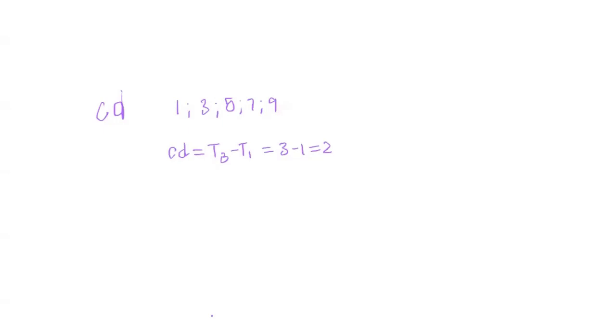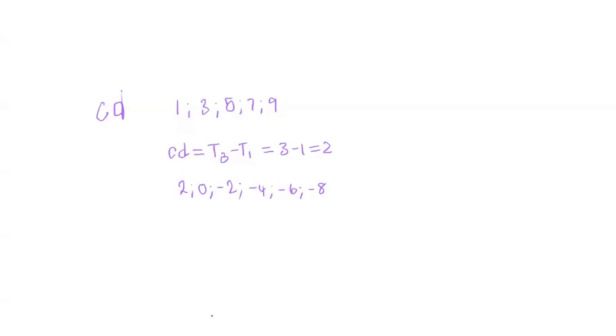Another example would be, so your common difference can be negative or positive, right? For another example, with a negative common difference would be 2, 0, minus 2, minus 4, minus 6, and minus 8. And your common difference is calculated by taking, like I said, the earlier term from the later term. So let's take, for example, in this sequence, term 5 and term 4. So that would be minus 6.